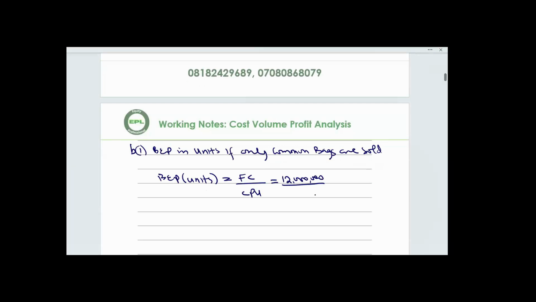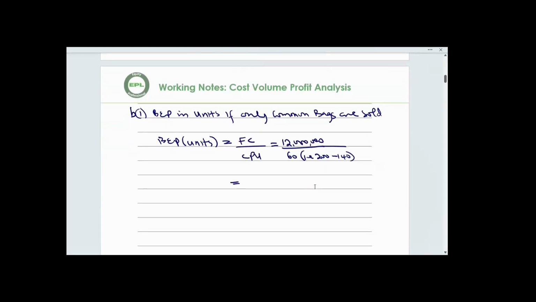So that's 200 minus 140. What do you have there? 12 million divided by 60. That's 200,000 units. So if only common bags are sold, the break-even point in units would be 200,000.